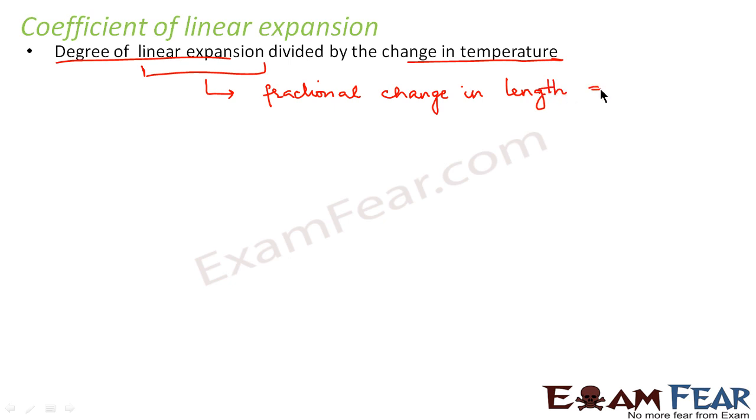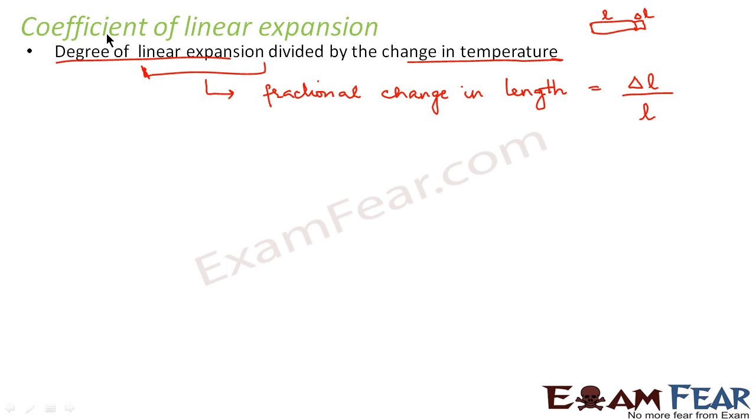That means how the length is changing with respect to the original length. Let us suppose there is a rod whose initial length was L. When heated, its length increased by delta L. So, what would be the fractional change in length? It would be delta L divided by L. So, this is the fractional change in length. So, this is linear expansion.